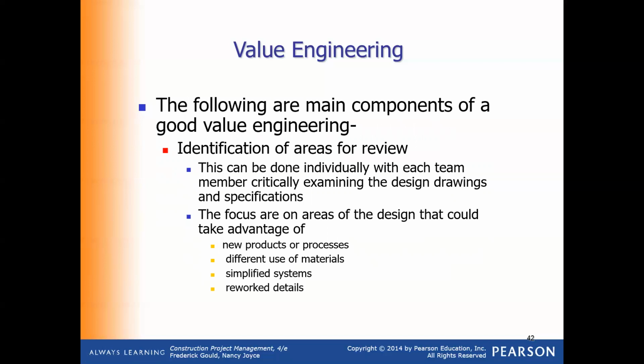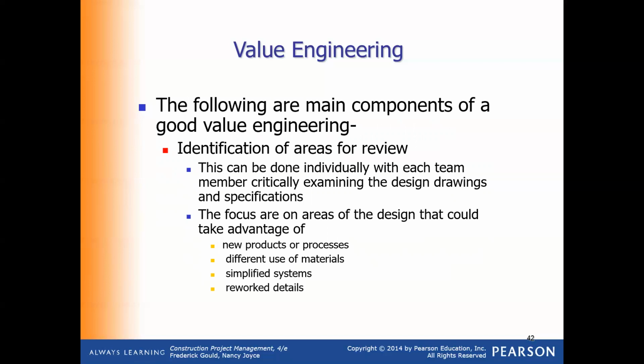Here we'll talk about five components for good value engineering. How do you come up with good value engineering? This is more from the feasibility study standpoint, or the bigger picture, if you will. The first one is identification of areas for review.